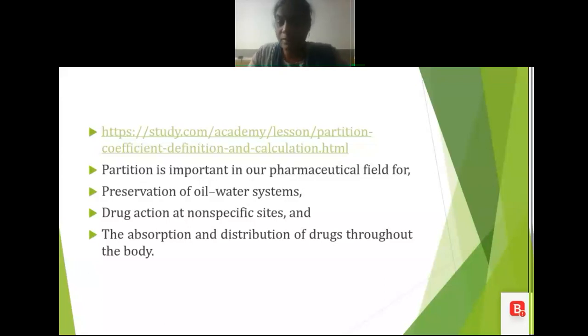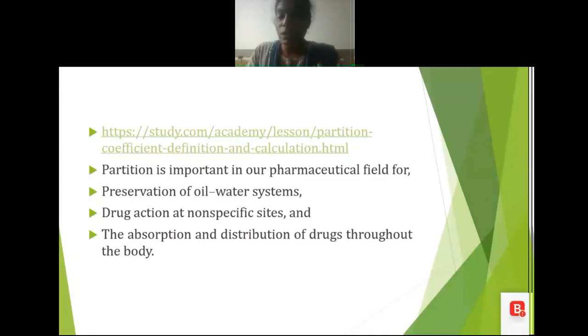And solubility of the substance means in which solvent it will be soluble. Based upon the partition coefficient values, you can assess the solubility pattern of the substance also. And not only these two parameters, you can also estimate the distribution of the drug within the body. Throughout the body, how the drug will be distributed.